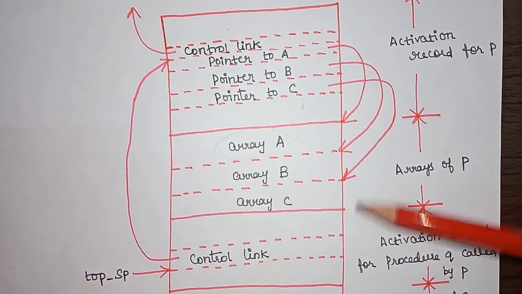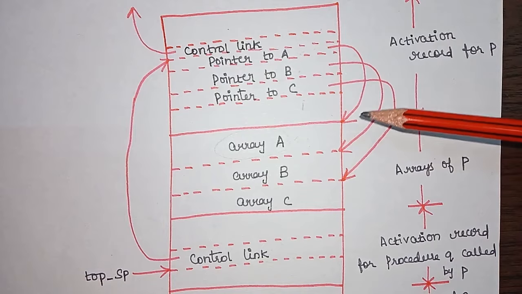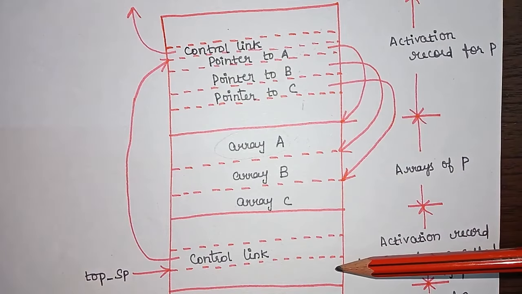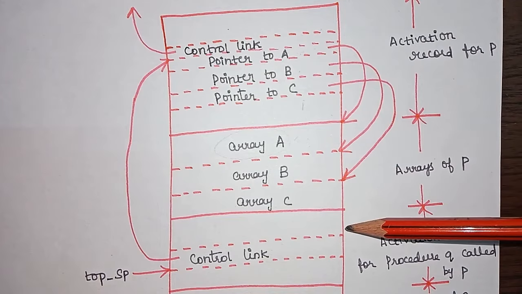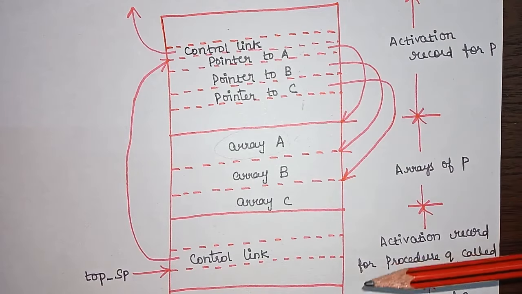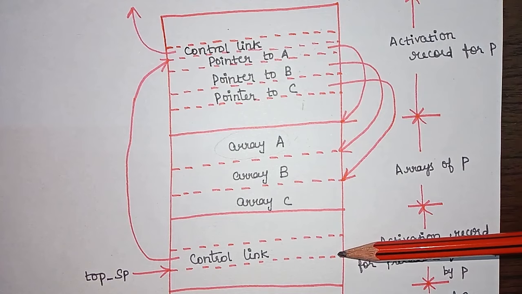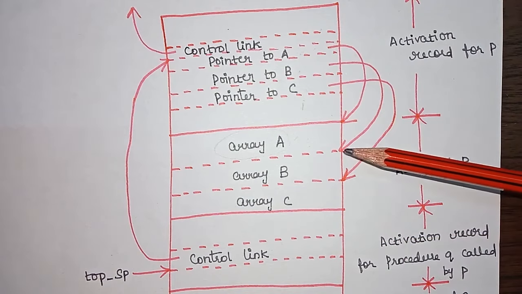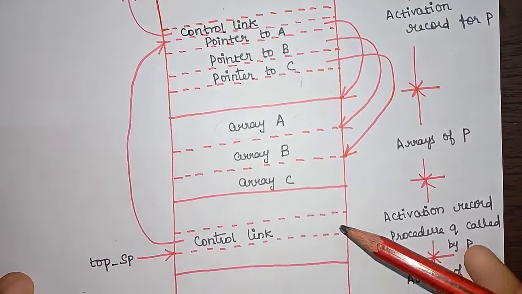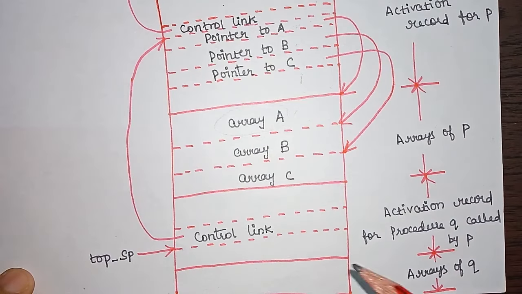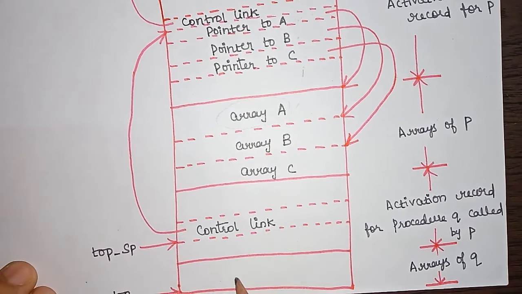When you look at this, the activation record for Q begins only after the arrays of P. So here are the arrays of P, and after these arrays, the activation record of Q begins. And the variable length arrays of Q will be there after this activation record of Q.